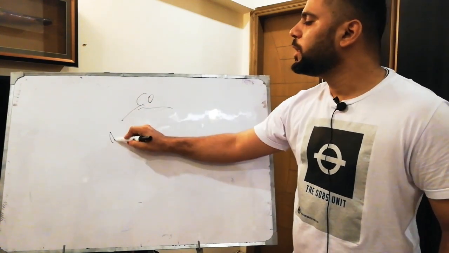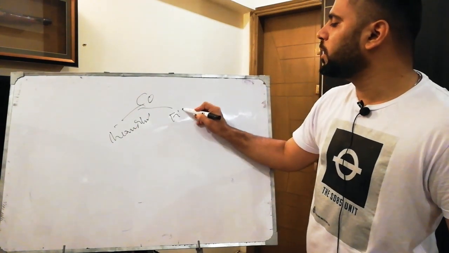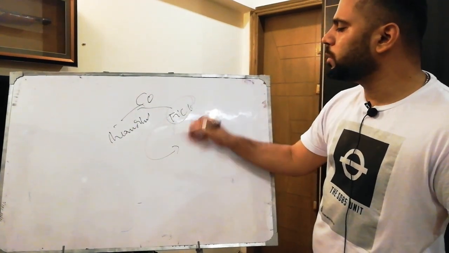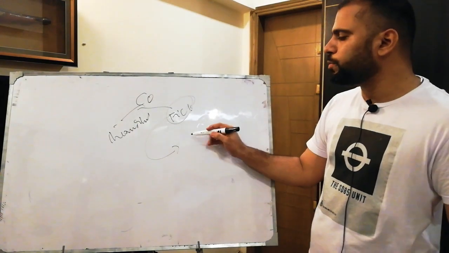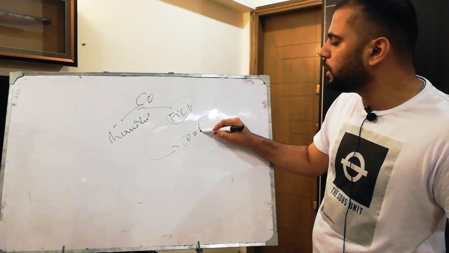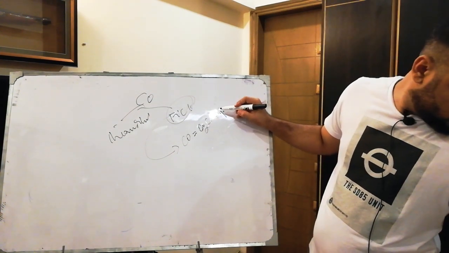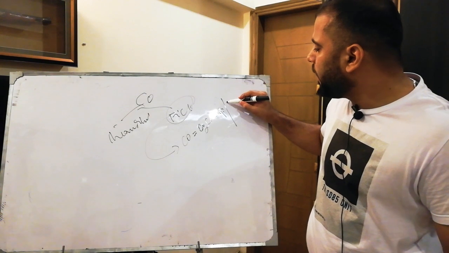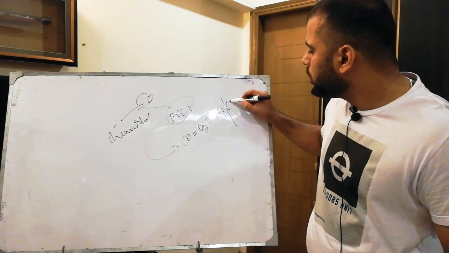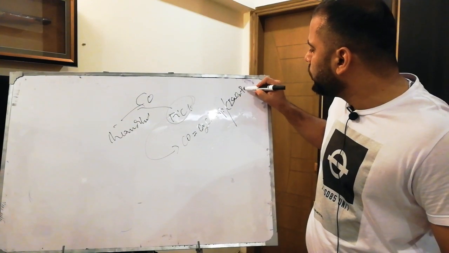By two methods: thermodilution, and second is Fick. Fick is the most important and commonly used method. What is the formula of the Fick method? Cardiac output is equal to O2 consumption divided by systemic oxygen minus pulmonary oxygen.